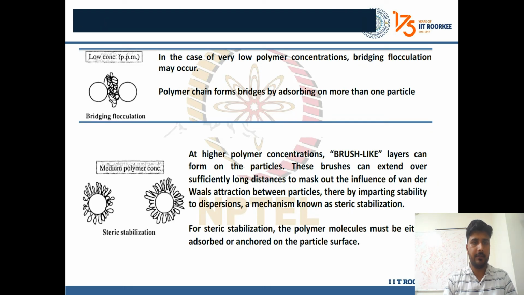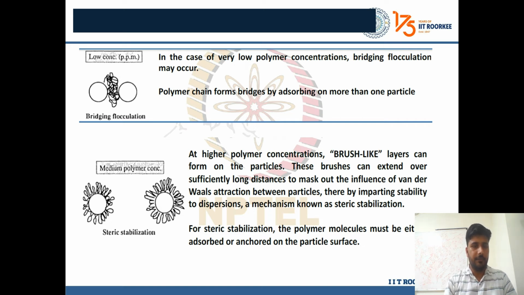If you have a low concentration of polymer, bridging flocculation may occur. The polymer chain forms bridges by adsorbing on more than one particle. So the polymer chain works as a bridge between two particles.